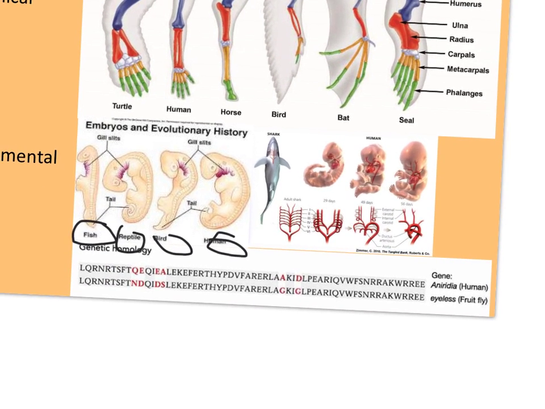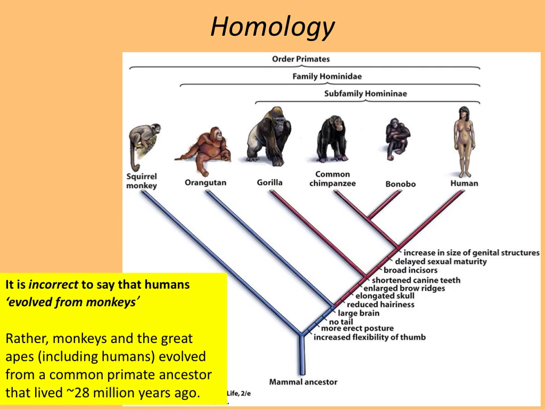This is a gene involved in the eye, and you can see where there's been some substitutions in amino acids. And some of the same areas are substituted in humans who have aniridia, which is a disease where they can't see. And then this eyeless gene. Okay.